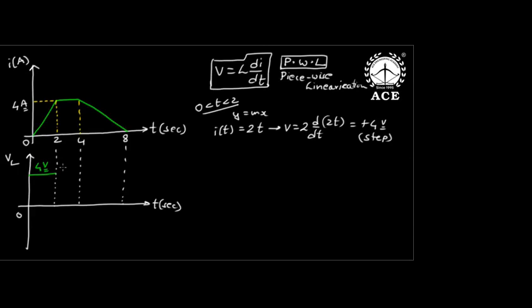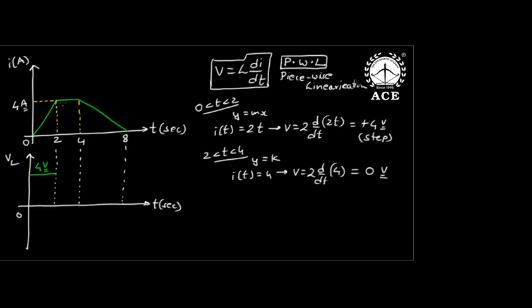Then from 2 to 4, the current is constant, like y equal to k, a function parallel to the x-axis, but here the y-axis is the current axis. Current is constant at 4. Then V is L, 2 Henry, d by dt of a constant. The differentiation of a constant is 0, so 0 volts.